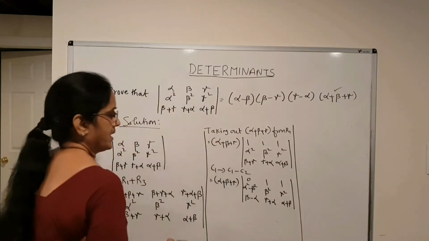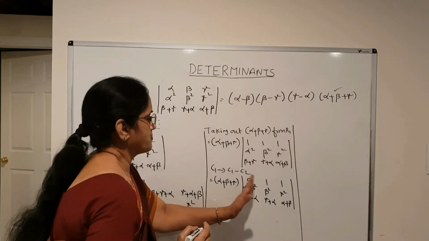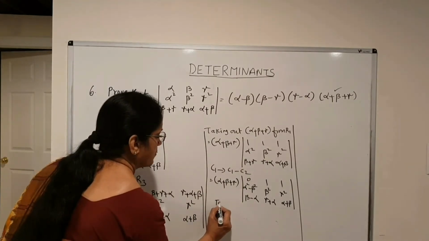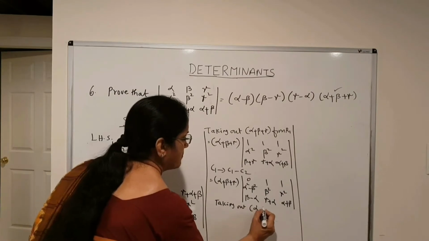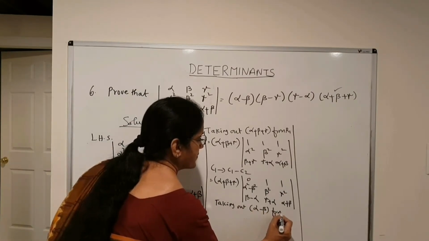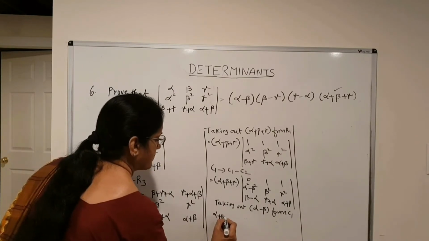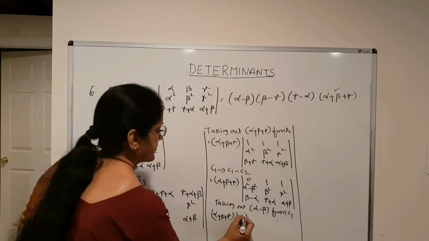Now what can I do? Take out alpha minus beta from C1. What will I get? Alpha plus beta plus gamma into the determinant. First anyway it is 0.